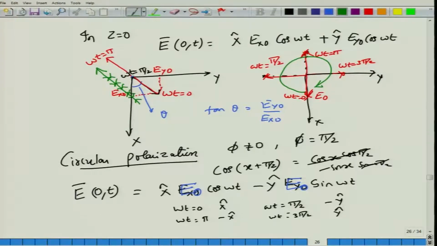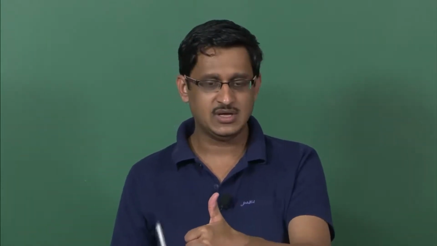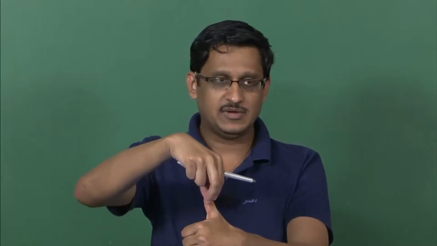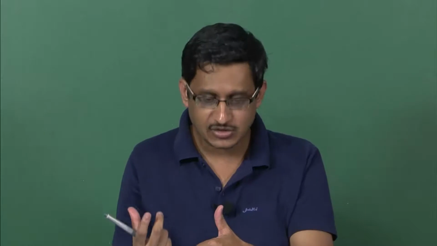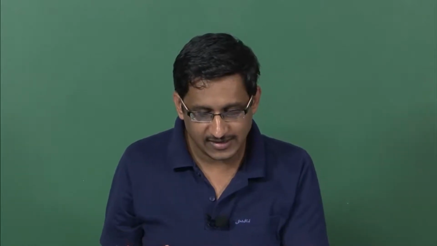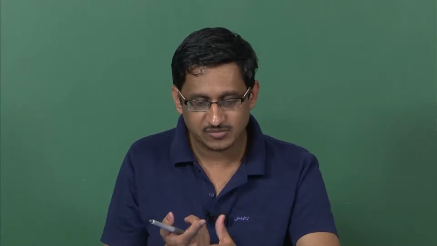If I now curl my fingers along this plane in this direction, I see that the thumb will be pointing in the same direction as the wave propagation. Remember, I am actually looking at the wave from the top, and it seems as though the electric field is executing a motion such that if I curl my left hand, then as the wave is approaching towards me, the electric field is making this left-handed motion.